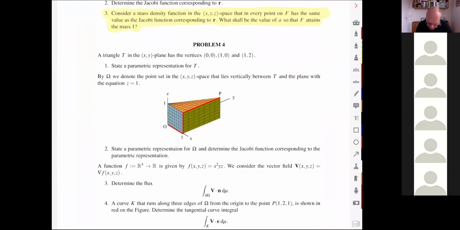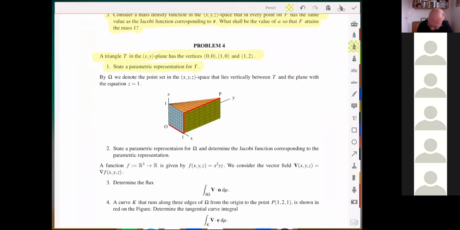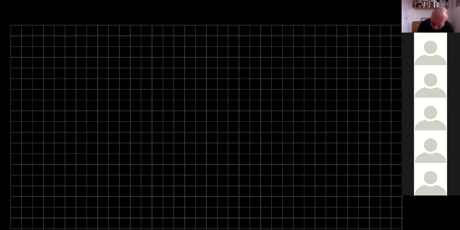And you see we have a triangle with these vertices. And we should state a parametric representation for T, for this triangle. So let's just start by solving this problem. So I write here problem 4.